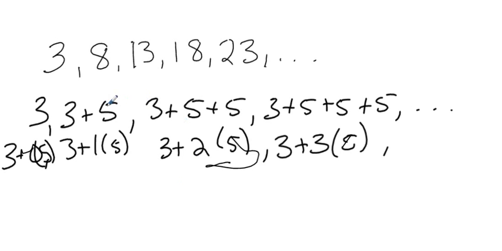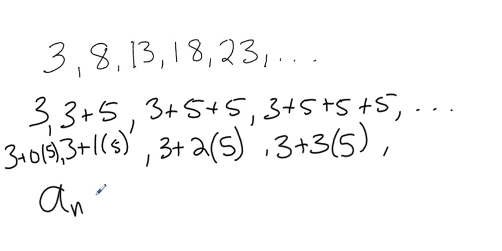Now if we simplify this down into variables for any sequence, we could say that the explicit sequence for this one would be, say, a sub n equals our initial value, a sub 1, which is 3, plus, well, it looks like we're multiplying by 5, which is actually our common difference.